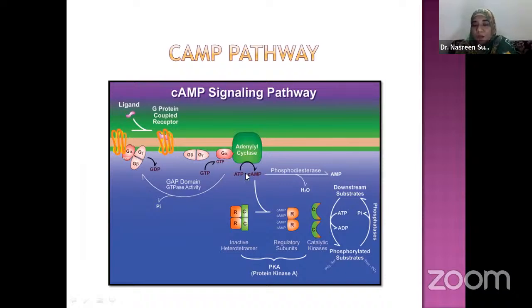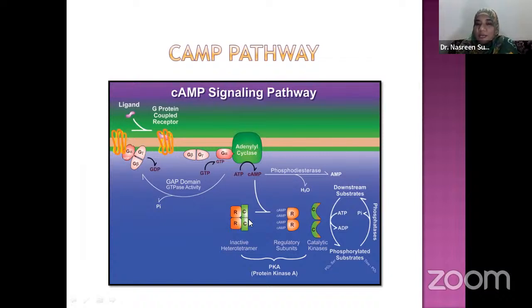Okay, cyclic adenosine monophosphate. So when it is happening, what happens? cAMP levels will increase. As the cAMP levels increase, it is going and activating your enzyme such as protein kinase. Okay, protein kinase is an enzyme which contains two regulatory and two catalytic units.